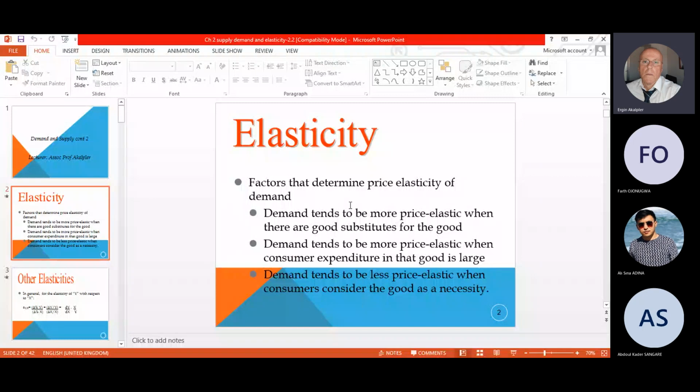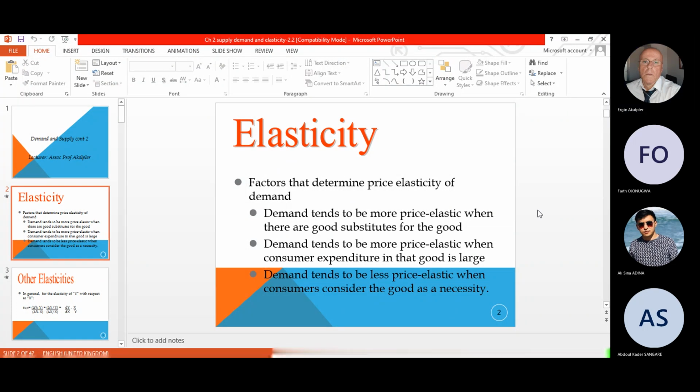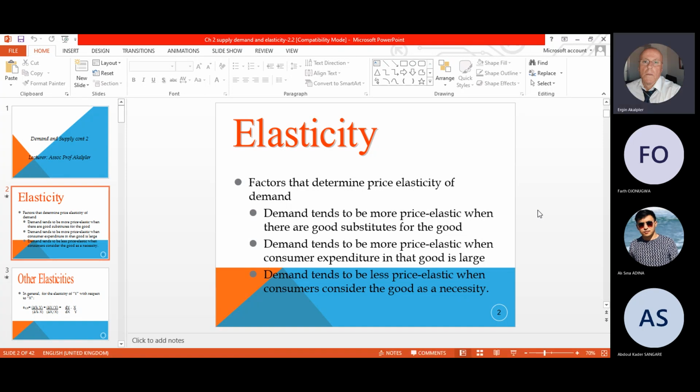Okay, you see the elasticity now. We are going to the second part of the elasticity in micro managerial. Do you have any question?